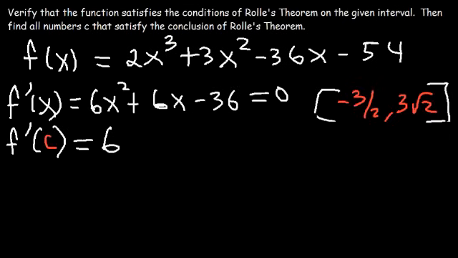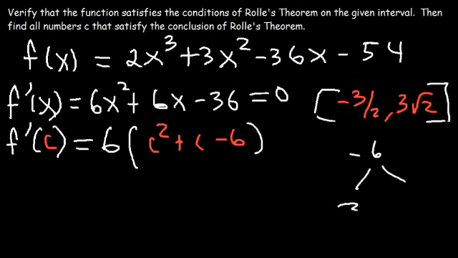So let's factor the GCF. If we take out 6, what we're going to have left over is c squared plus c minus 6. Now what two numbers multiply to negative 6 but add to the middle term of 1? This is going to be positive 3 and negative 2. 3 times negative 2 is negative 6, but 3 plus negative 2 adds up to 1.